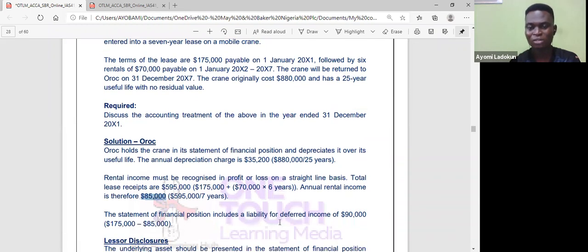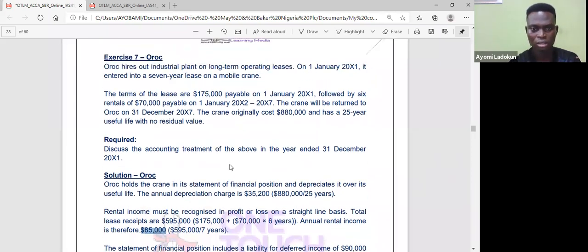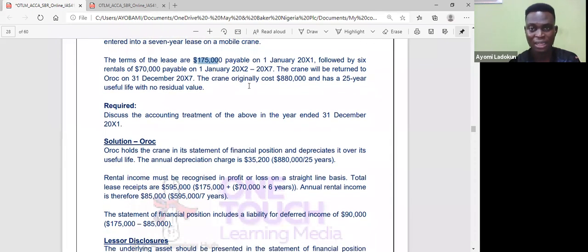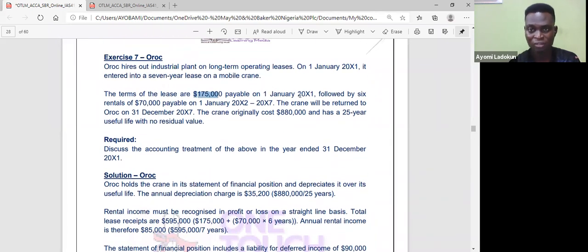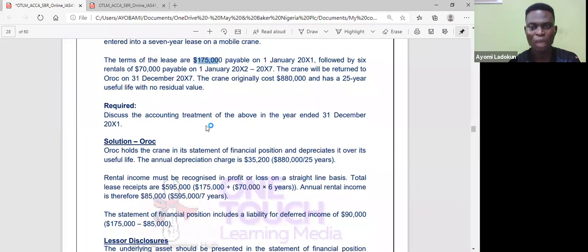Now, in the statement of financial position, my total figure, the total amount I'm expecting is, how much is that? 595, remember. The terms of the lease is 175 is payable at the beginning, that's on 1st January 20x1, followed by 70,000 payable.